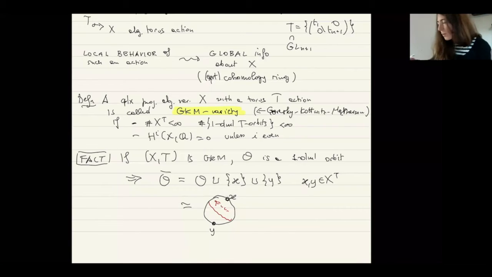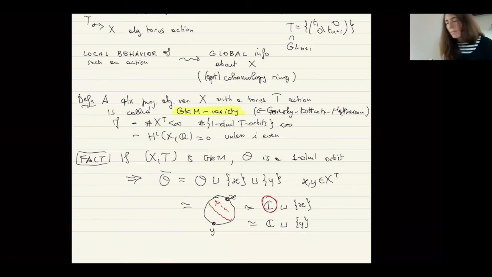So now, well, it is a P1. I can write down two isomorphisms with C and infinity. So I have my two fixed points, and once I can have X playing the role of infinity, and once I can have Y. So the point is that the torus acts on this C, so it's a one-dimensional vector space.